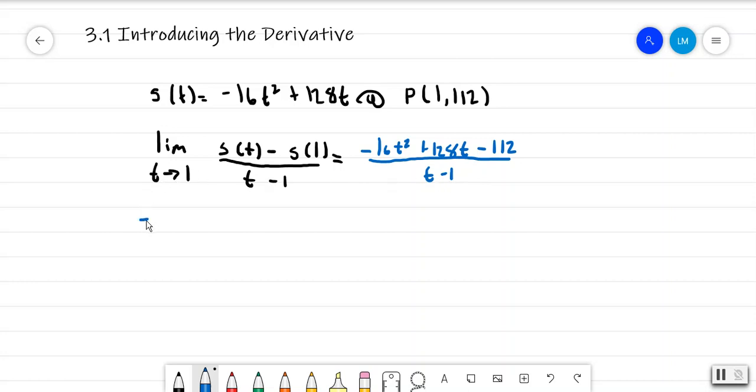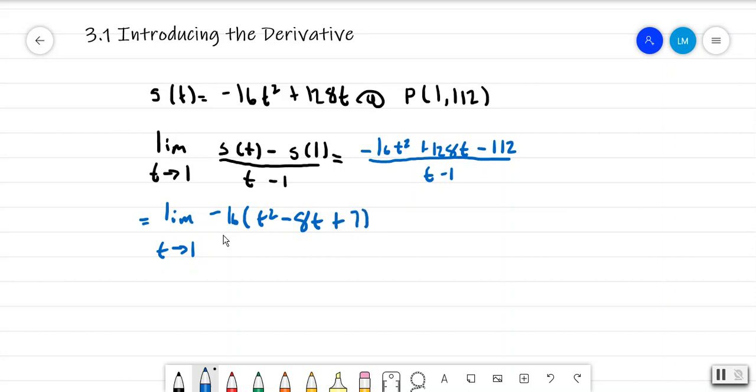Okay, so essentially in finding the instantaneous velocity, we're going to need to basically factor. So if we take, let's see, this is going to be negative 16 times t squared minus 8t plus 7.